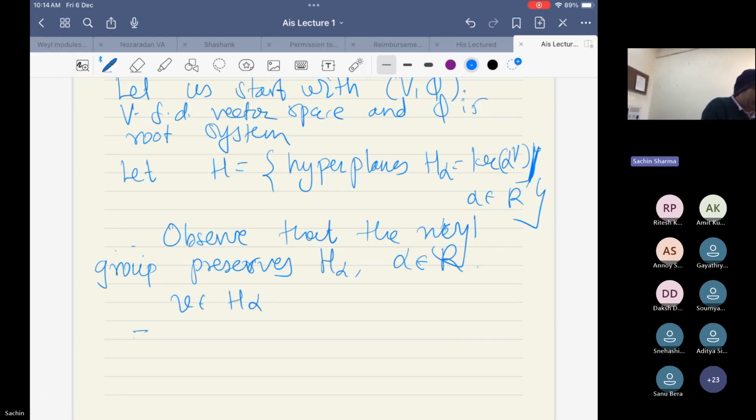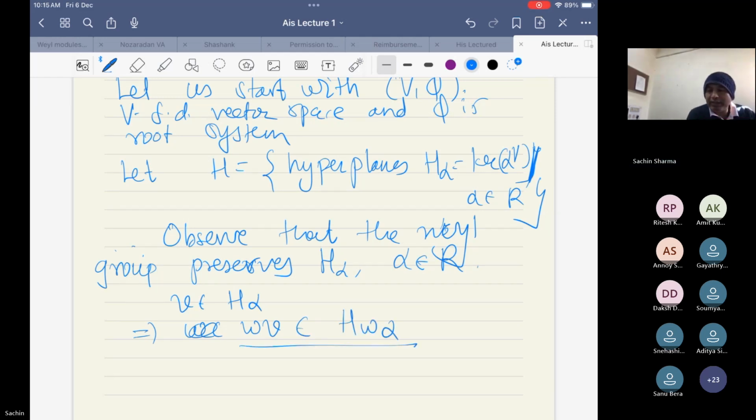I claim that W of V belongs to H of W alpha. Is it obvious to all? In other words, W of H alpha is equal to H of W alpha. Why does it follow?